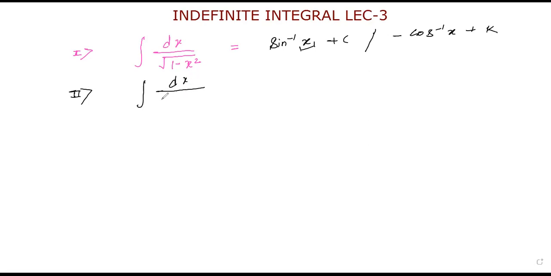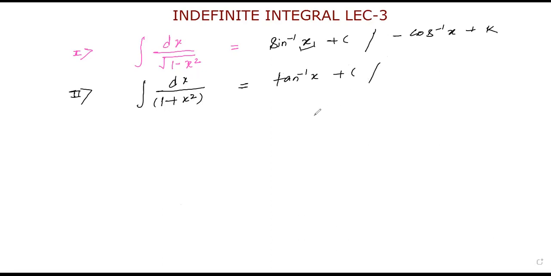Now you have to write the antiderivative of dx upon 1 plus x square. You know the derivative of tan inverse x is 1 divided by 1 plus x square. So you can write it as tan inverse x plus c.